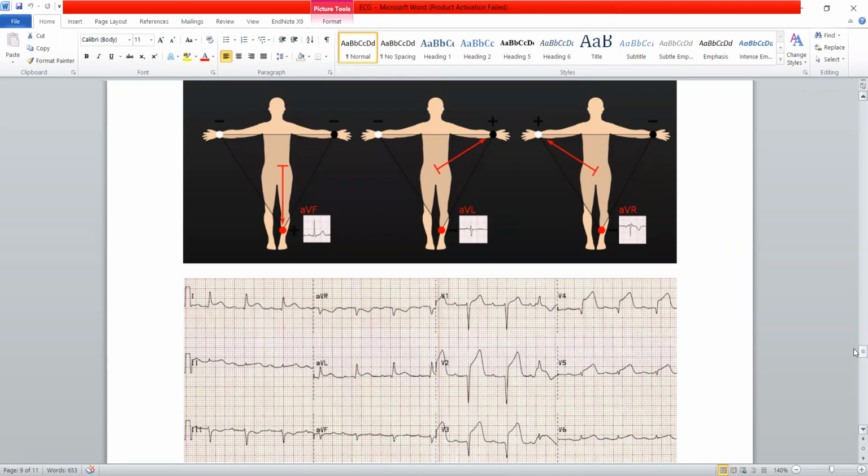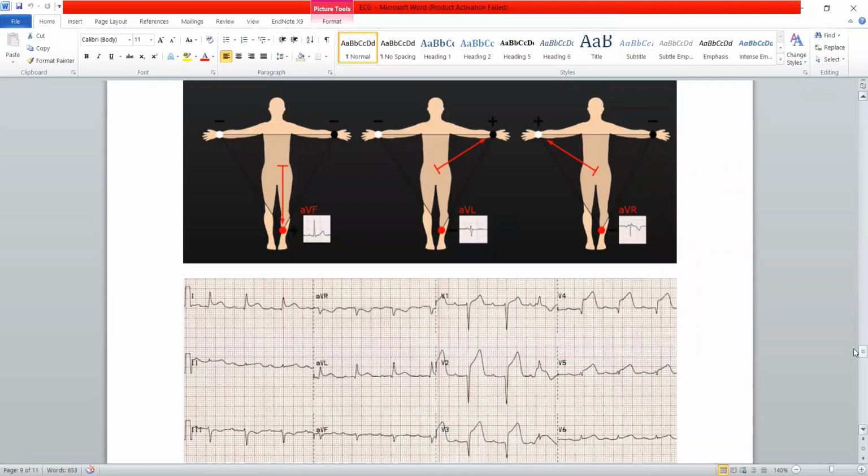V5 also has ST elevation. Asif, in all chest leads, the ST segment should be in line with the isoelectric line or the TP point. AVL also has ST elevation.